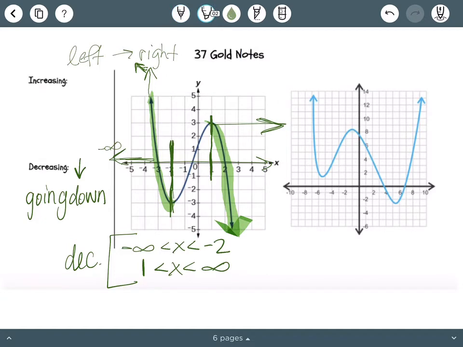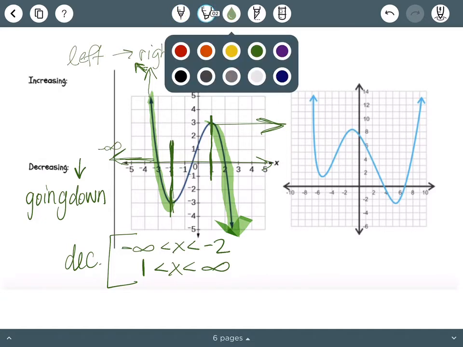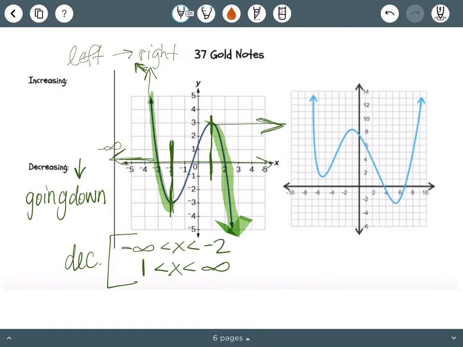I'm going to change back to orange so we can talk about our increasing. I'm increasing from, looks like here, all the way up to here, and from here all the way up here. Notice that's headed out to infinity, so we'll deal with that.